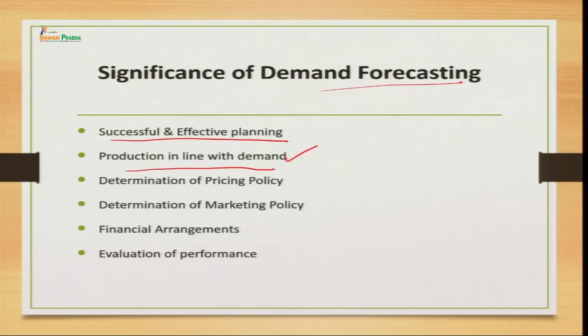It also helps in the determination of marketing policy. Yes, marketing policies are basically the promotional activities which help in generating and creating the demand for your product, right. While forecasting the demand of your product in the market, you get to know that people are not aware of your product.